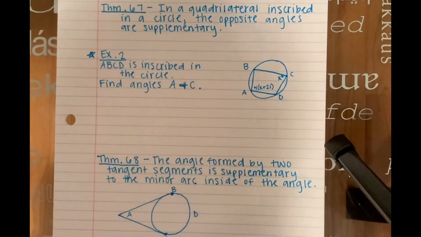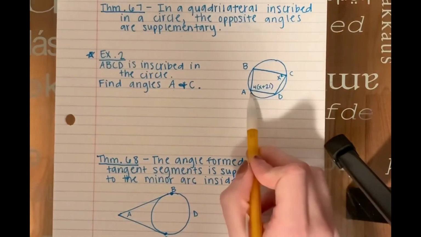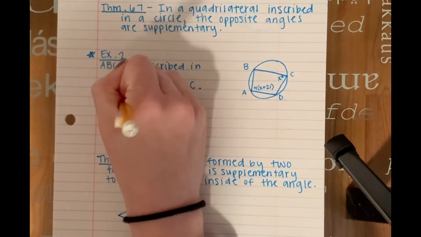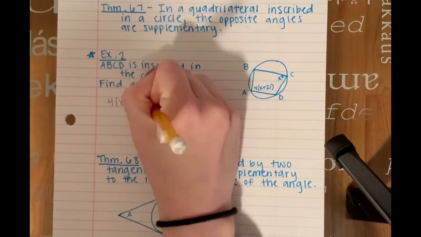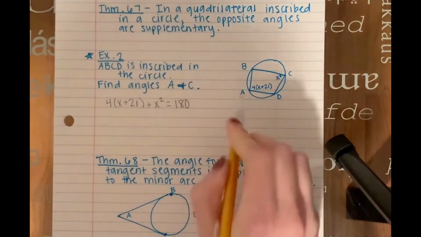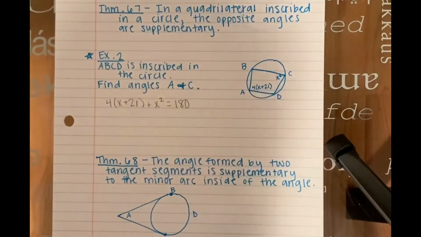So we've got to use our theorem. It says, in a quadrilateral inscribed in a circle, the opposite angles are supplementary. So we know that A plus C has to equal 180. So we're going to say 4 times x plus 21 plus x squared equals 180. Opposite angles are supplementary.